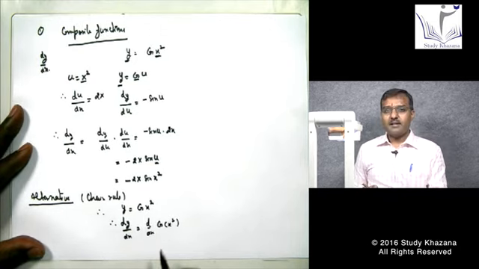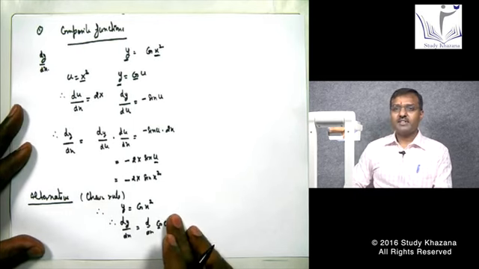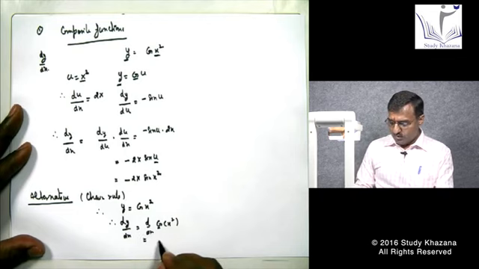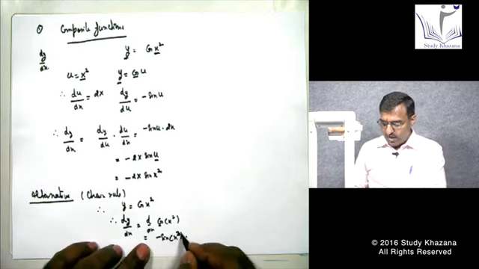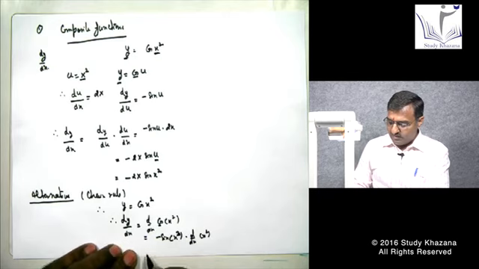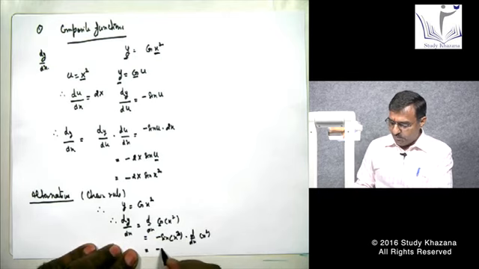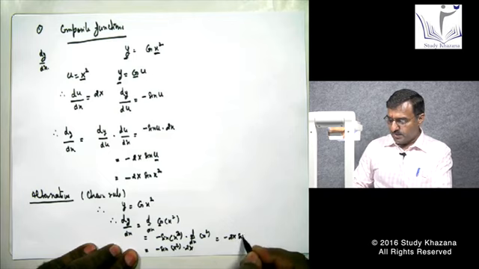First I am taking the derivative of cos, keeping x square constant. So it is minus sine x square into the derivative of x square, d by dx of x square. So it becomes minus sine x square dot 2x. So I can write minus 2x sine x square.